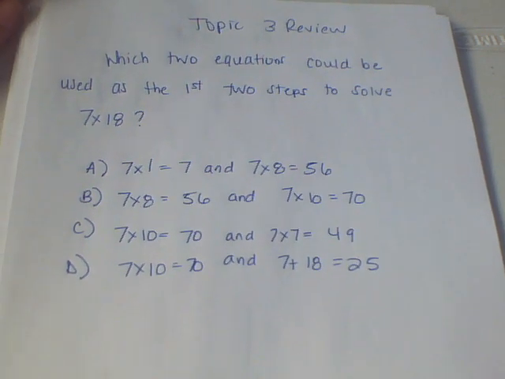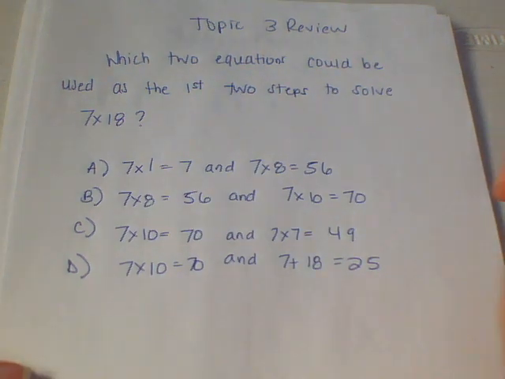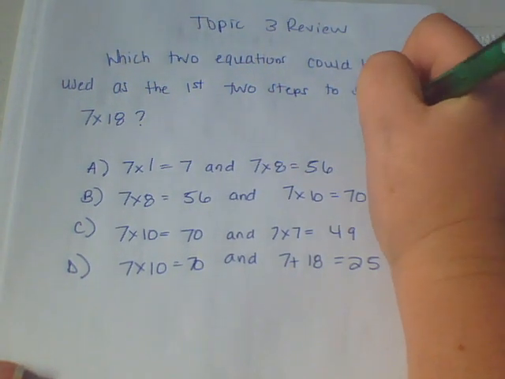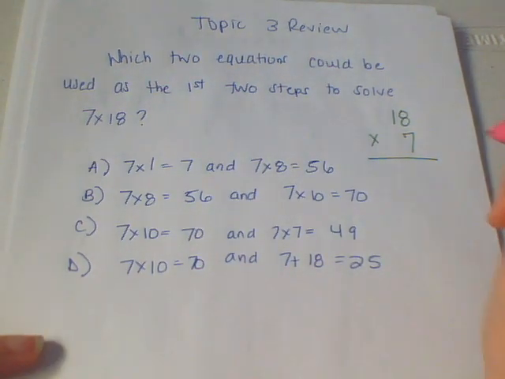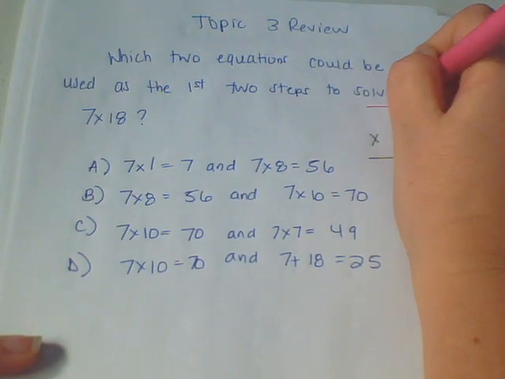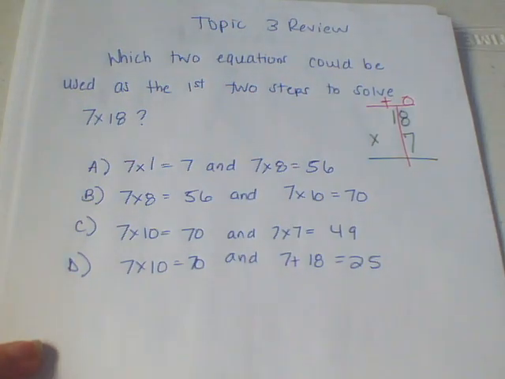Which two equations could be used as the first 2 steps to solve 7 times 18? 7 times 18. So if I set this up as a problem, I know that I have my 1s and my 10s.